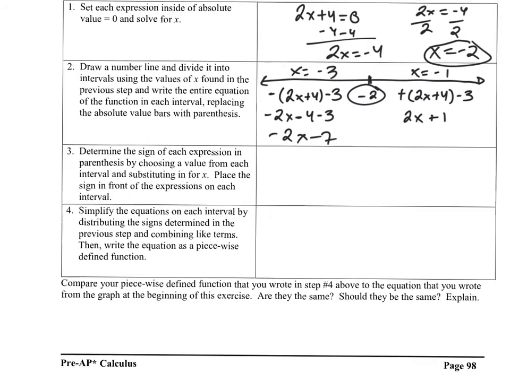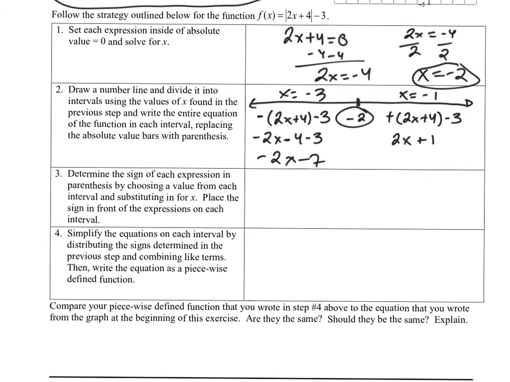All right, we're going to skip part 3, and then we're just going to move into part 4. Okay, it says simplify the equations on each interval by distributing the signs determined in the previous step and combining like terms, then write the equation as a piecewise defined function, okay?